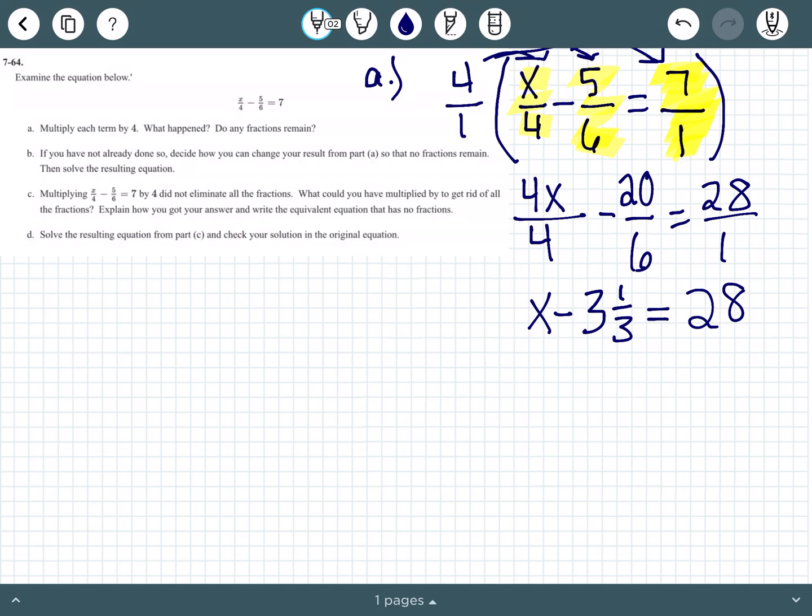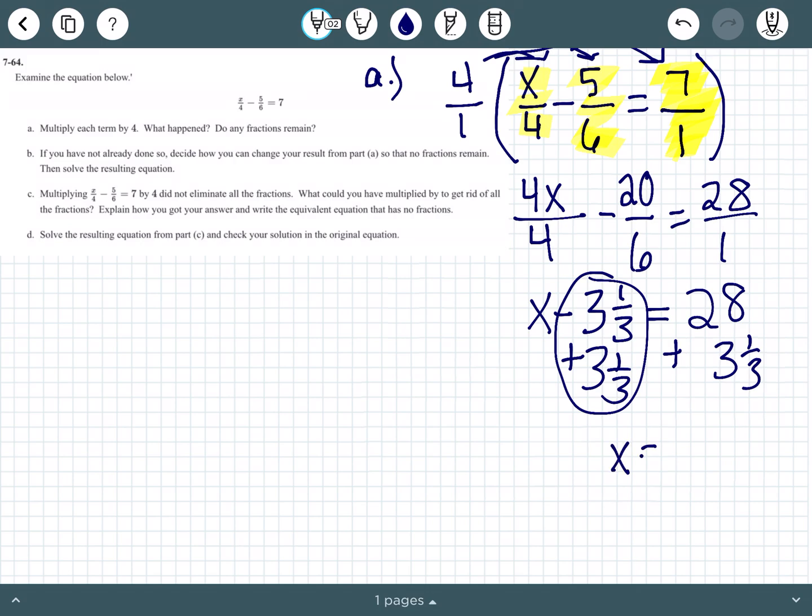Now we need to solve the resulting equation. So I have 3 1/3, a negative here, so I'm going to add 3 1/3 to get a 0 pair. Now I need to do that on the other side of the equation as well to keep it balanced. So 28 plus 3 1/3.